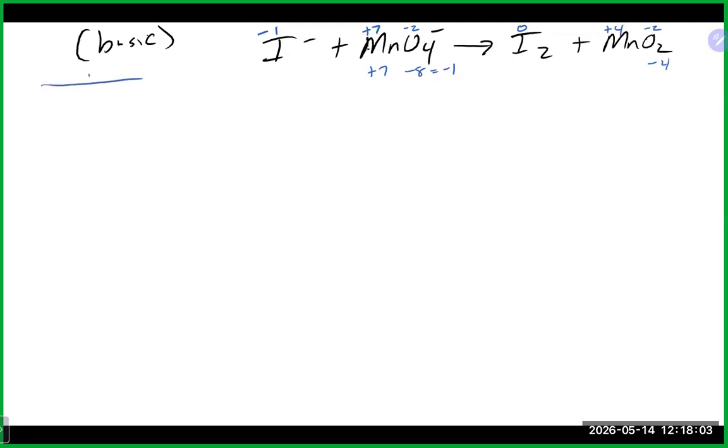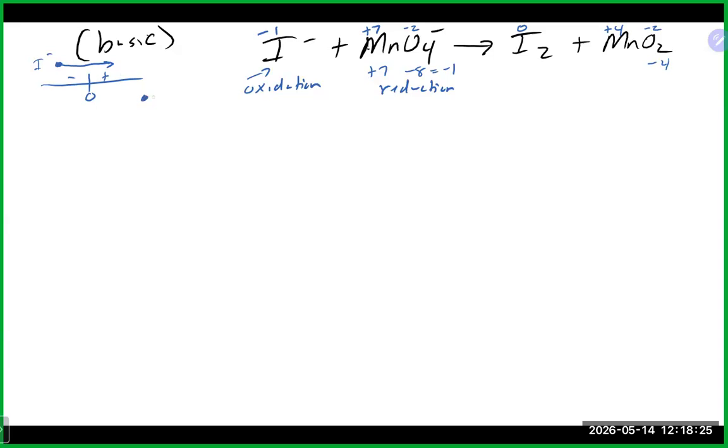So again, if you're not sure, you could kind of roll with a little number line if you want. Iodide there is -1, which would be over here, and it's ending at 0, which means it is moving in the positive direction and it is going through oxidation. By default, that means that this guy is going through reduction, but we could also look at it as well.